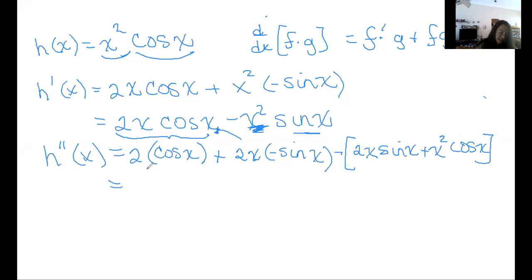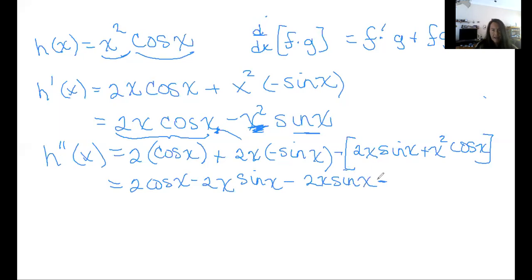Let's make it look prettier. That's going to give me 2 cosine x minus 2x sine x minus 2x sine x again, minus, don't forget to distribute out that minus, x squared cosine x.